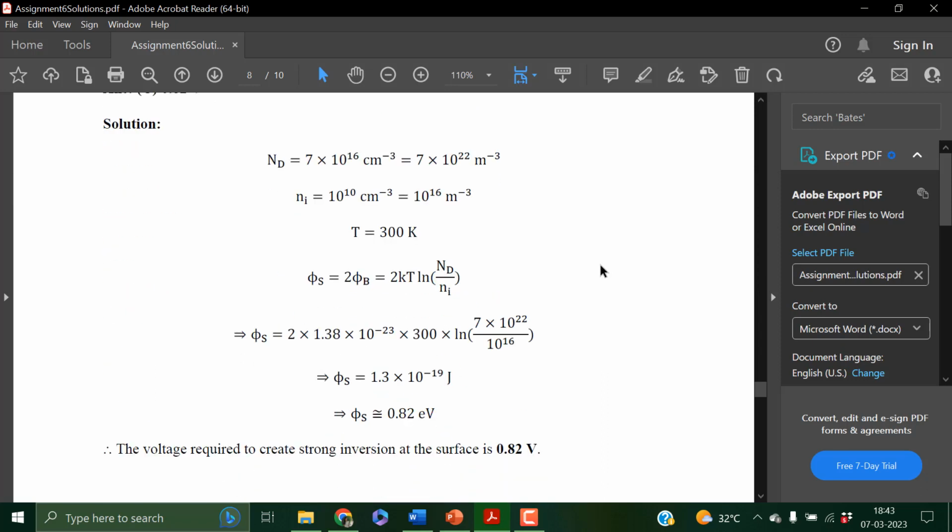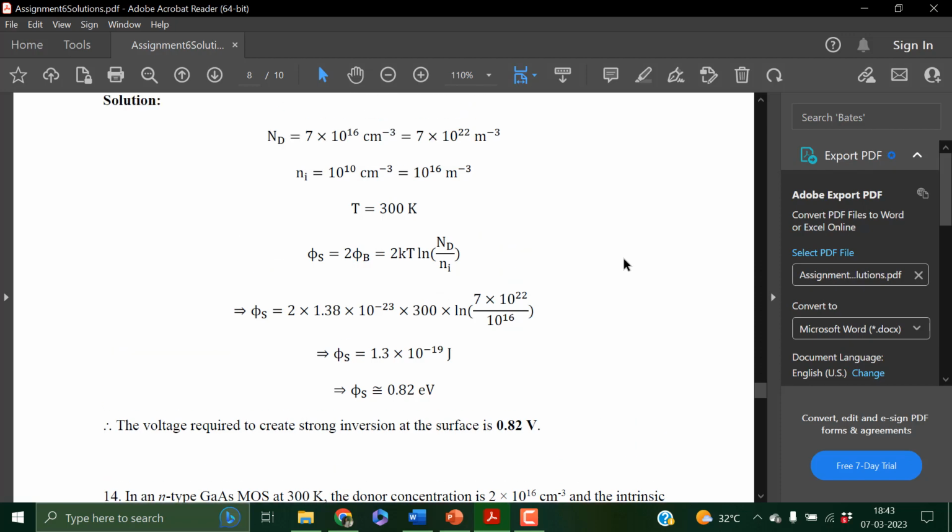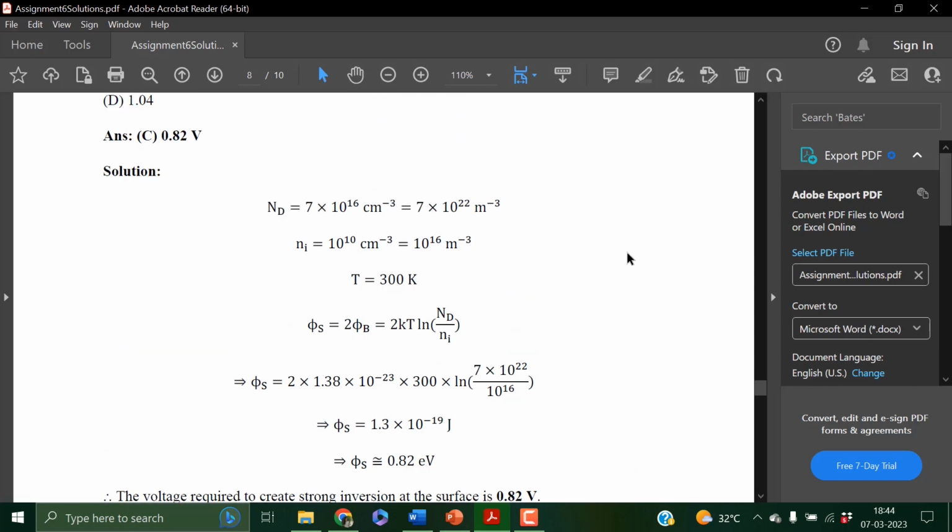Voltage required to create strong inversion. Then for calculating phi b, they have given Nd and Ni, I can calculate phi b with that. Yeah. Okay, ma'am. I will try to solve this problem. Yeah. You can solve now and let me know. Okay, ma'am.